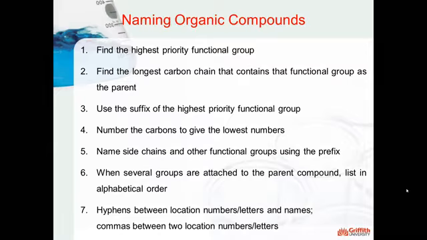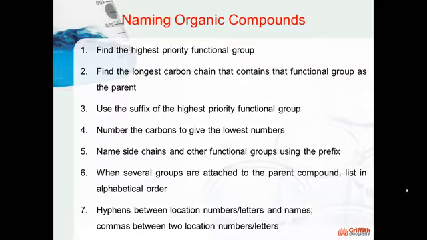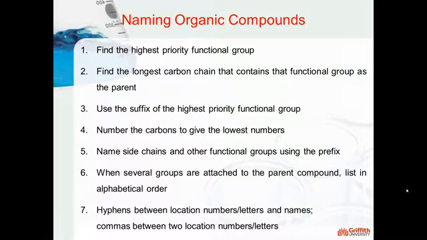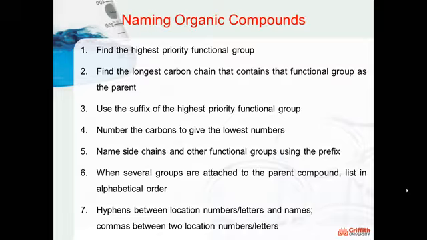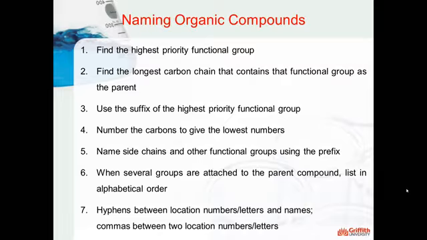We want to number the carbons so that we get the lowest numbers for the highest priority functional group, and then the lowest numbers for any side chains that are coming off that as well. We want to name any other side chains or other functional groups using the prefixes, and where there are several side groups or other functional groups, they are then listed in alphabetical order.